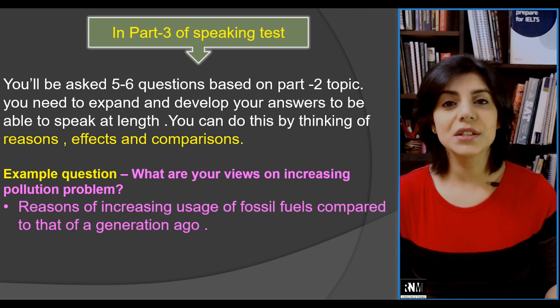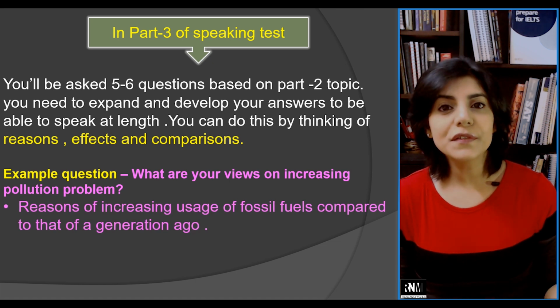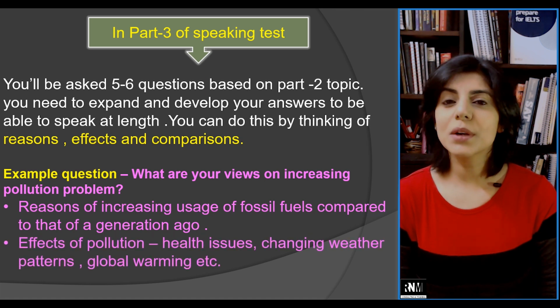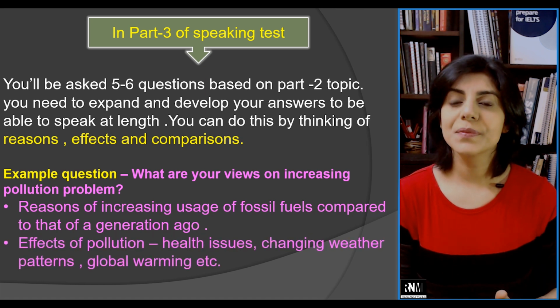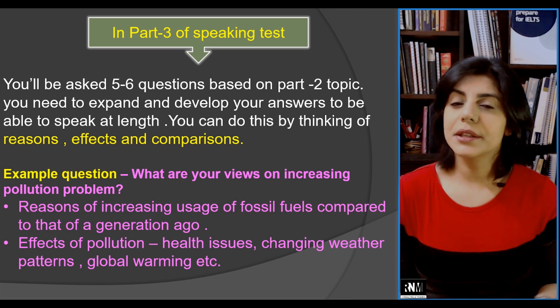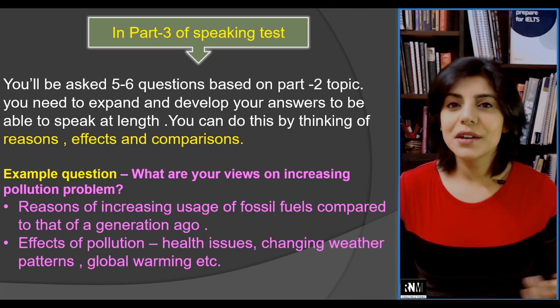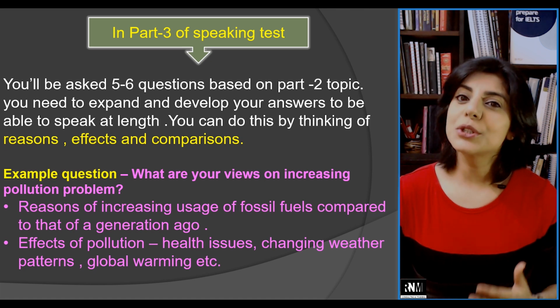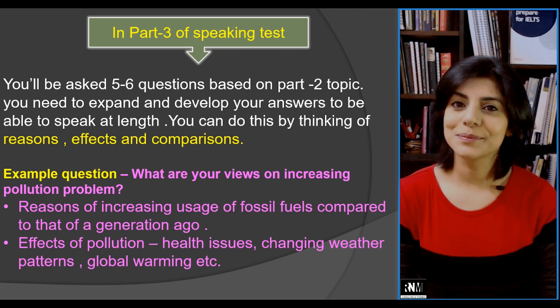You can mention reasons of increasing usage of fossil fuels compared to that of a generation ago, and talk about effects of pollution, say health issues, changing weather patterns, global warming, etc. This way, you'll be able to speak at length.